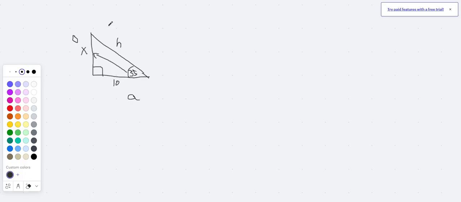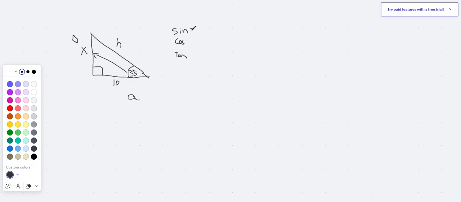So what are the different types of trigonometry basically? We have sine, cosine, and tangent. In order to calculate for the given side, you have to either use sine, cos, or tan.